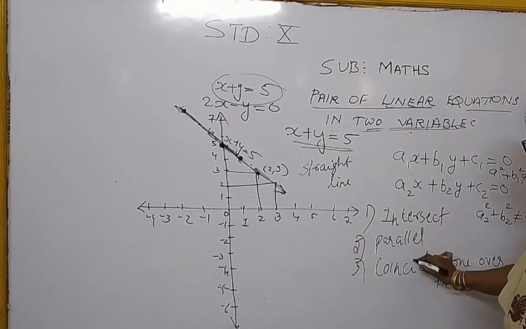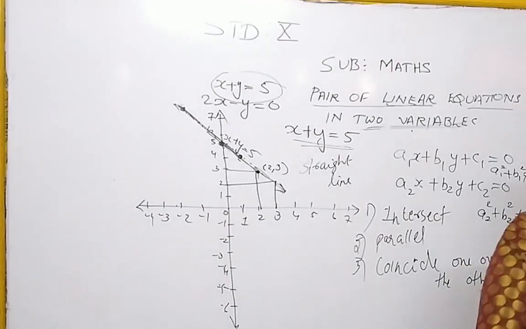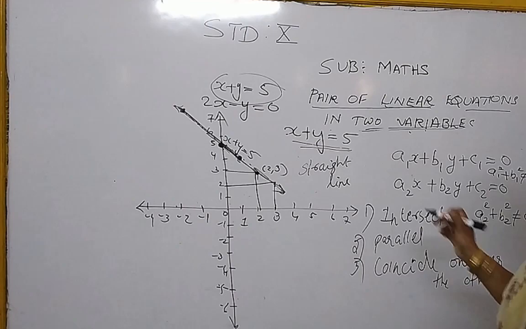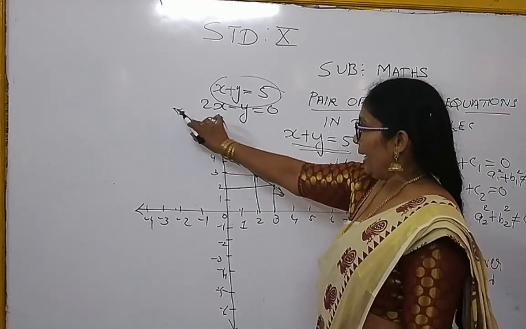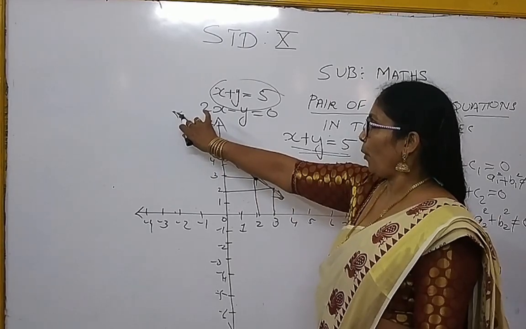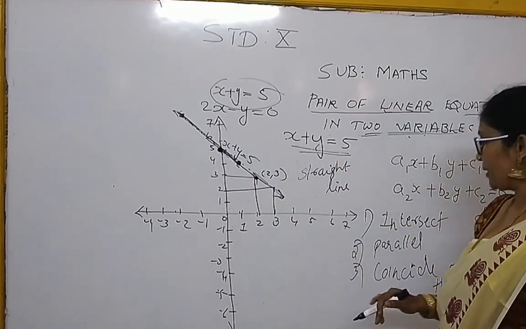What is meant by coincide? I think you know that. Coinciding means both represent the same line only. So that means one line is drawn on the same points, and another line comes on top of it. That means both are coinciding.